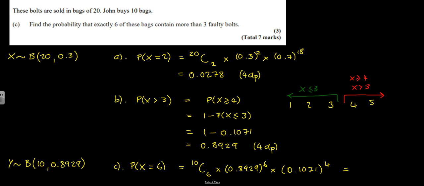So we have 10c6 multiplied by 0.8929 to the power of 6 multiplied by 0.1071 to the power of 4. And we have a probability of 0.0140. And that's our final answer.